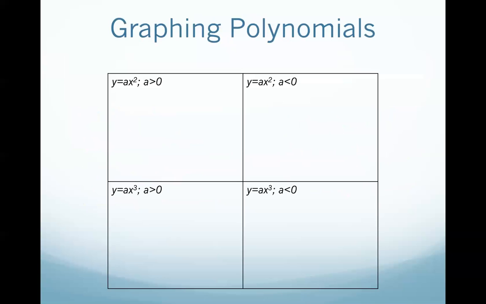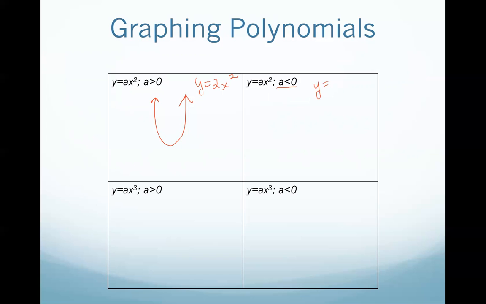Okay, what about graphing these? Well, we've already seen the graph of something x squared, right? If I have a positive number times x squared, let's just say we have y equals 2x squared. What does that look like? Well, we know x squared is a parabola. That was the whole project that we did at the end of the semester. So that's going to look something like this. Okay, what about when a is negative?